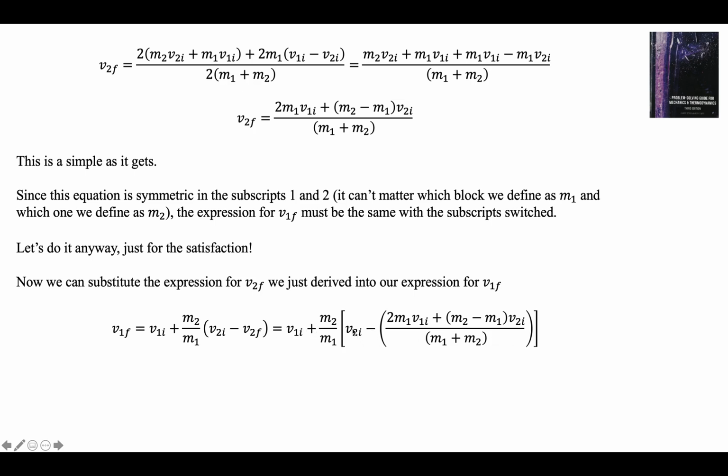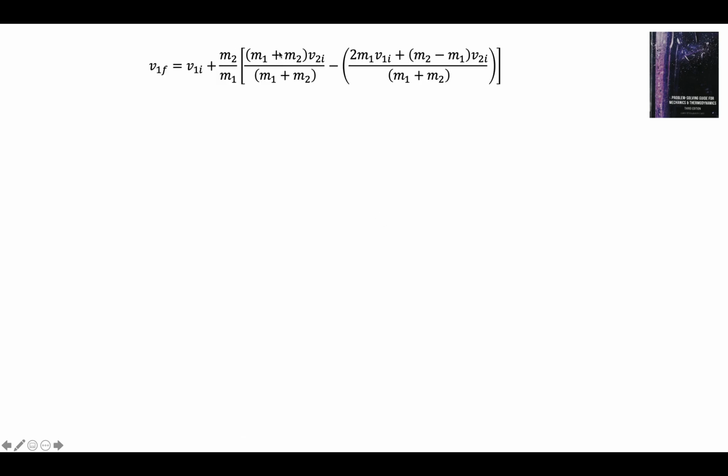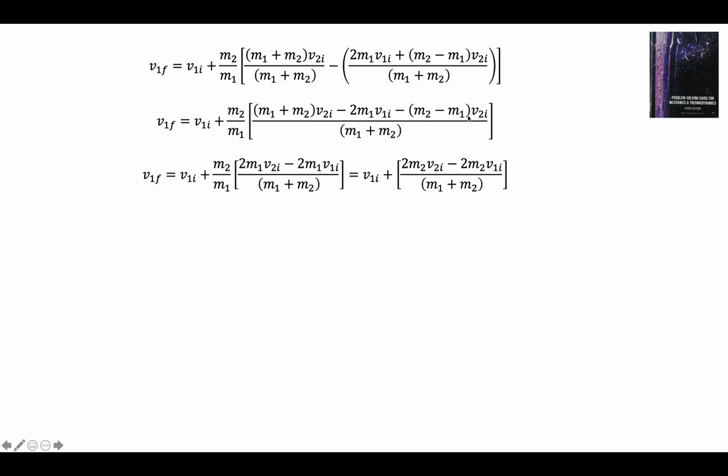We're going to get a common denominator to subtract this term from that term. There's the common denominator. Now we have one term here. There's our m1 plus m2 in the top and bottom. We can combine these terms. Continuing, we get this.